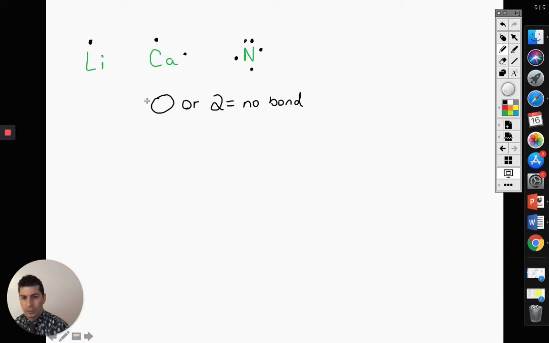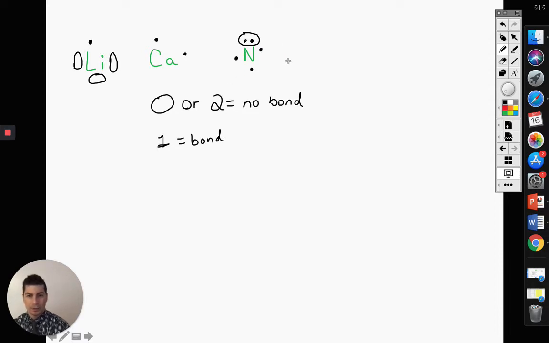What I'm talking about for the 0 guys is in lithium, this area here, this area here, and this area here. All 3 of those are not going to bond. 0 in calcium, down here, down here. The 2, right here in nitrogen, so that's not going to bond. But in nitrogen, we have these 3 areas here where it only has 1 electron in any area. So 1 electron equals a bond.